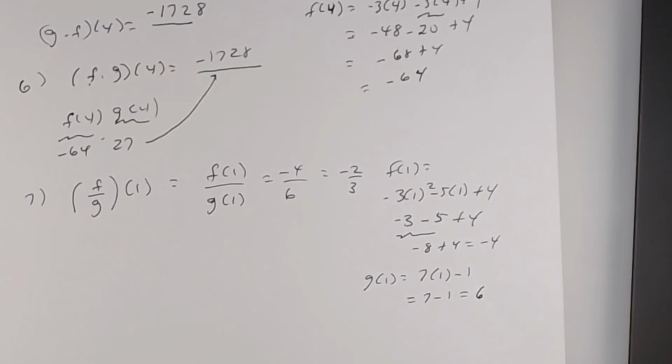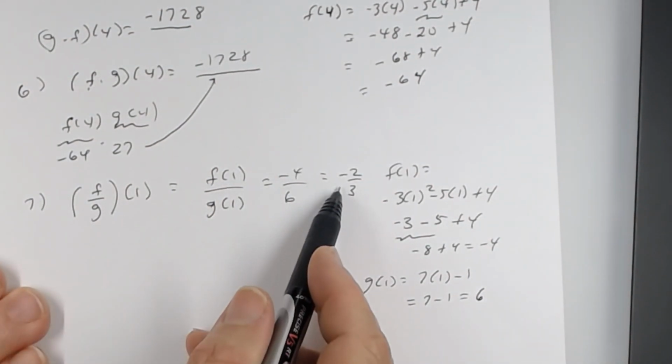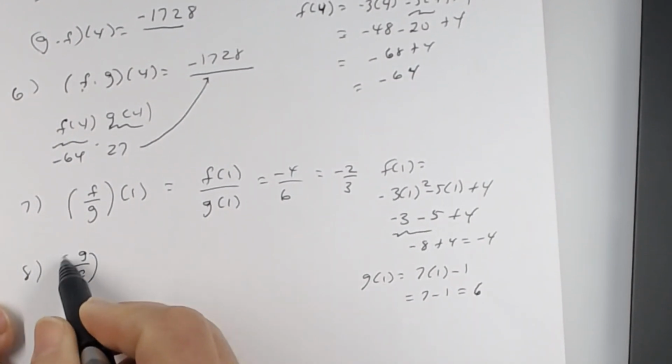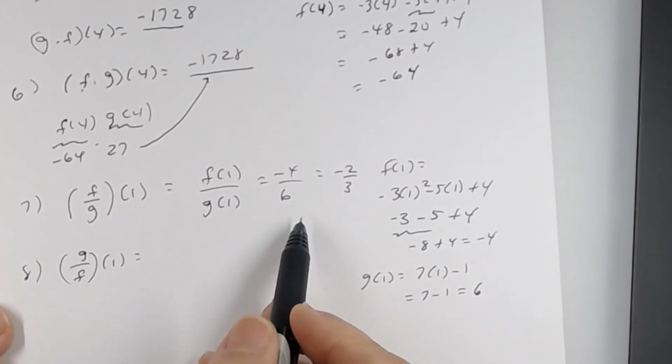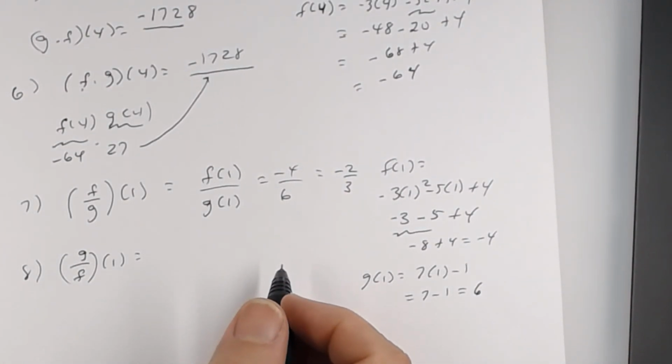All right, well, if f divided by g evaluated at 1 is this, then can you tell me number 8? Can you tell me what you think g divided by f evaluated at 1 is? Is it going to be the same answer? No, because remember, division is not commutative. The only operations that are commutative are addition and multiplication.